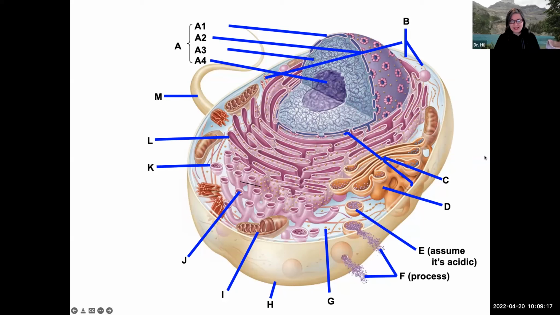You absolutely can. Yes, I'm going to ask Mabintu if she has a guess for what F might be, this process of dumping stuff outside the cell. Are you able to unmute? Go ahead. So is it exocytosis? That is correct. Good job.